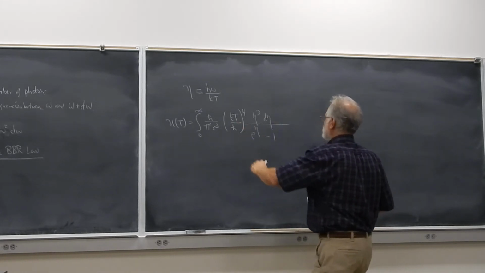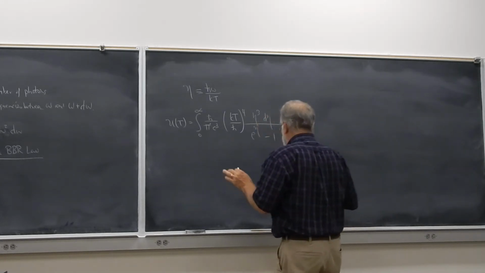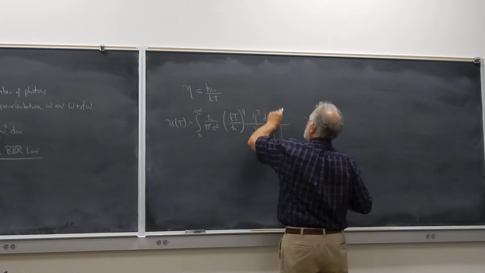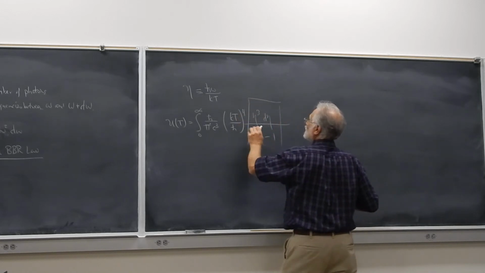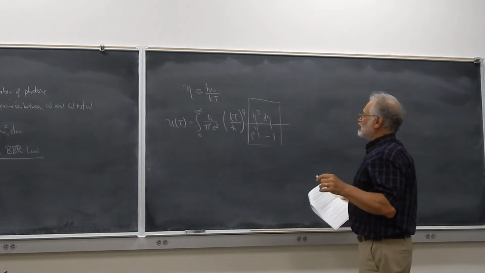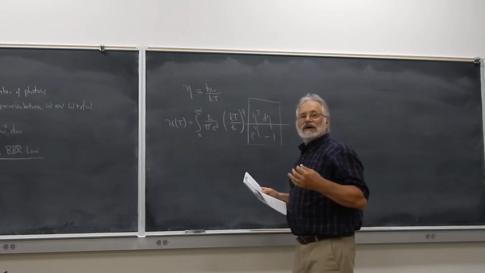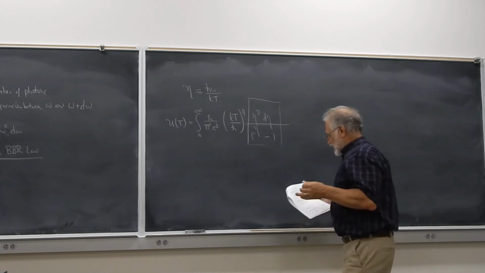Most of these are obviously constants. Eta is the only variable involved. It's actually quite easily evaluated. If I pull all these constants out and evaluate this integral, you can go to the appendix of most statistical mechanics textbooks.